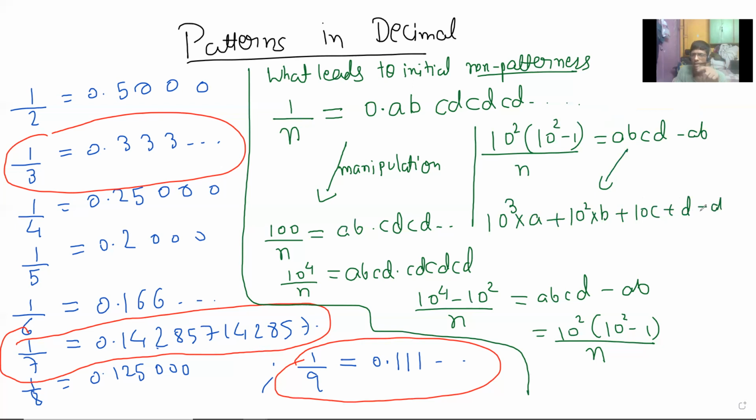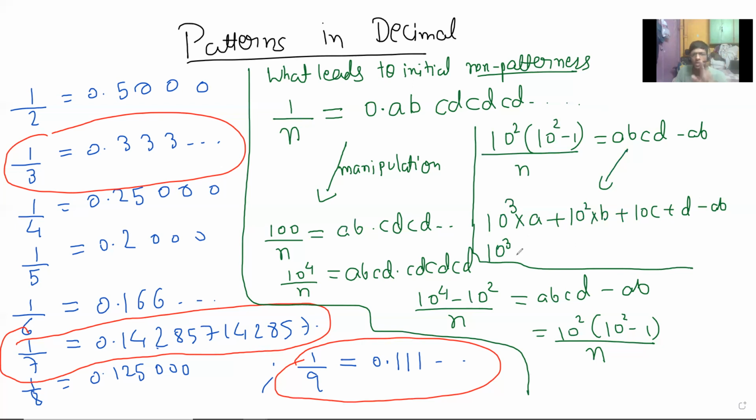But then you're subtracting AB. So when you're subtracting AB, it means 10A, right? This A has the value 10A, right? 10A plus B. So it becomes, yeah, then it's hard to write it in that way.